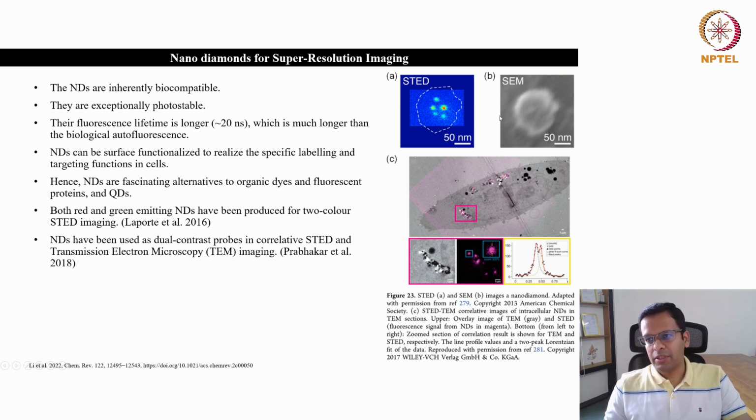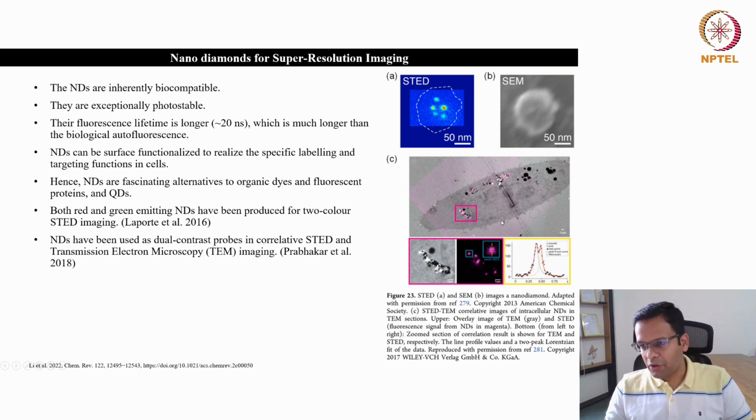So the same structure can be visualized by electron microscopy for getting the highest possible resolution, and the same sample is imaged under the STED imaging so that you can see the fluorescence. So this is the same sample which was imaged using the STED microscopy, and here you can see that in detail.